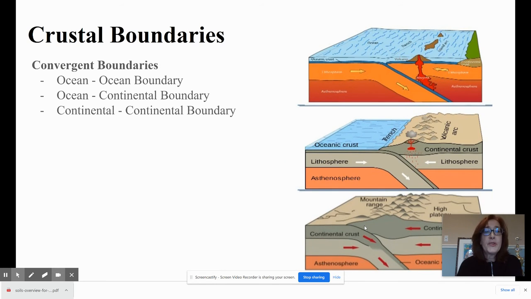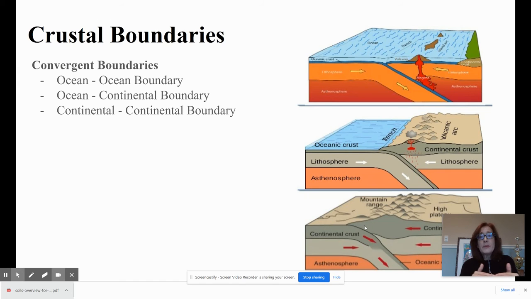For convergent boundaries, there are three types: the ocean to ocean boundary, the ocean to continental boundary, and the continental to continental boundary. The ocean to ocean boundaries can create deep valleys in the ocean, or trenches.